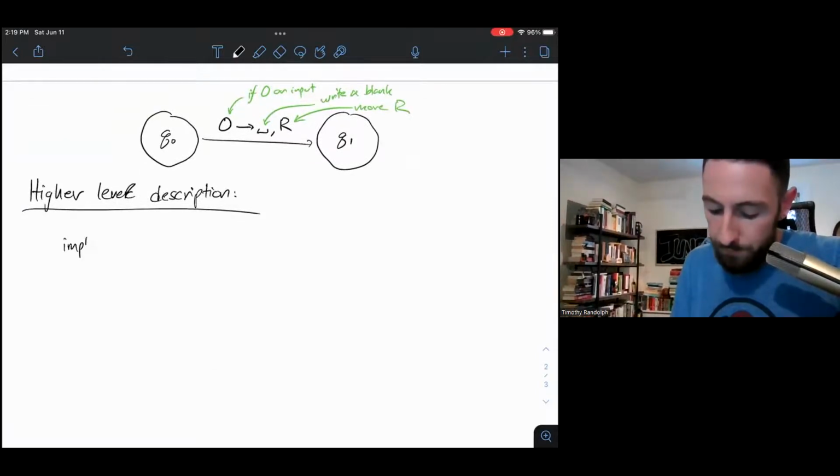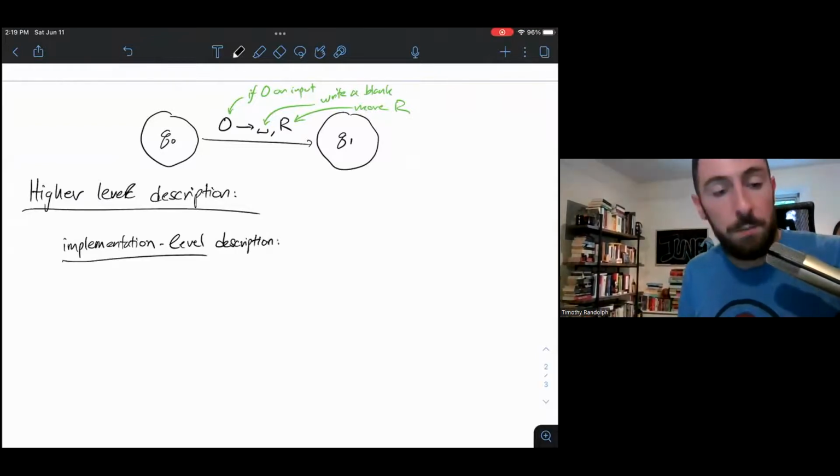In particular, I'm going to write an implementation level description, where this term implementation level is not perfectly precisely defined, but it's used frequently in CS theory.